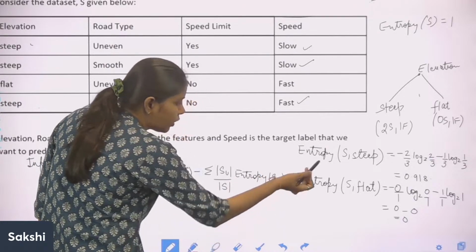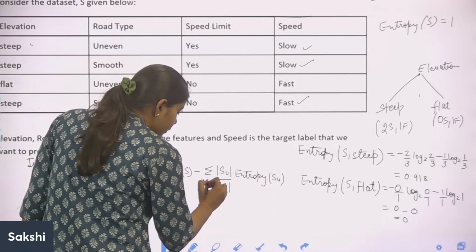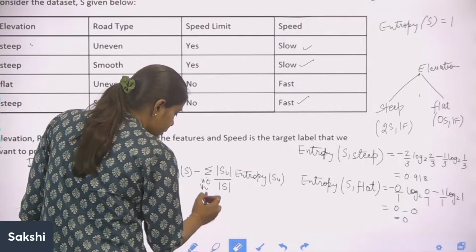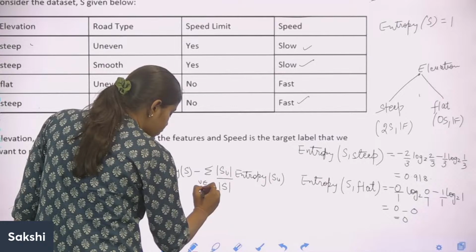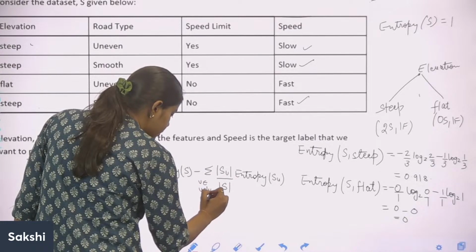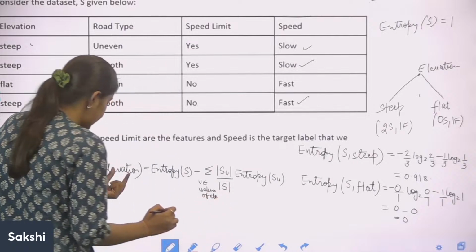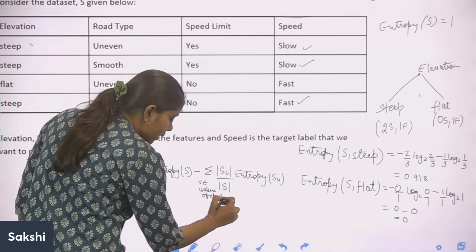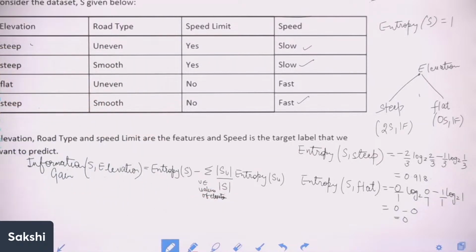SV, or S comma V, you can write anything. And what is V? V belongs to the values of elevation. Here we have two values of elevation, steep and flat. So I'm going to use that.